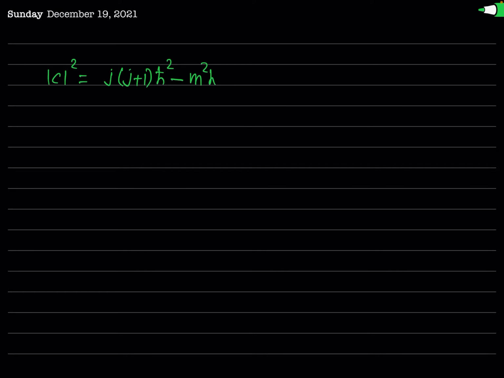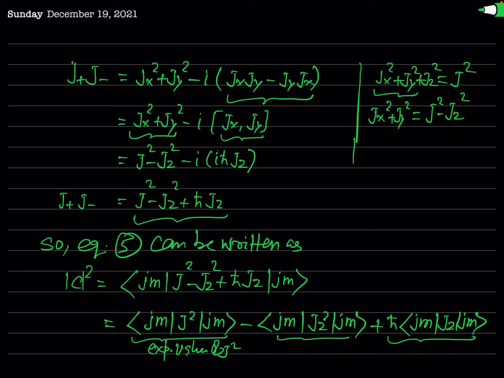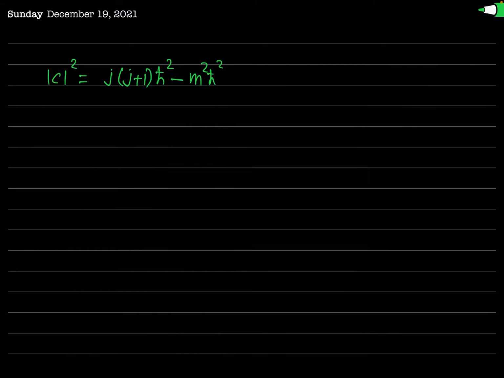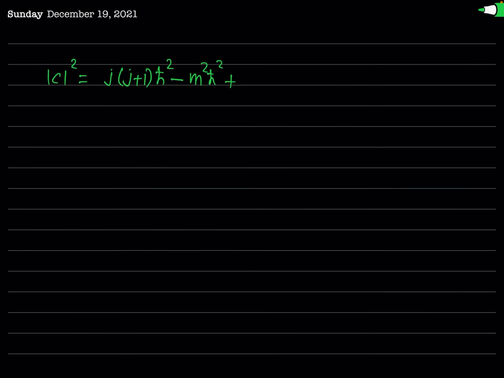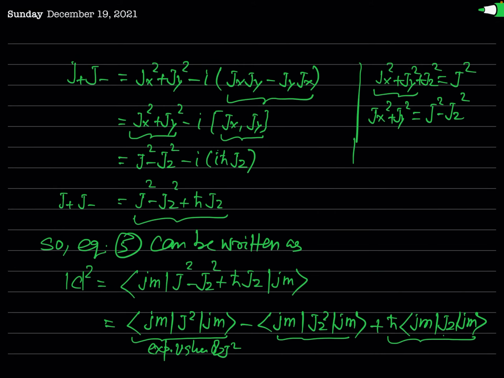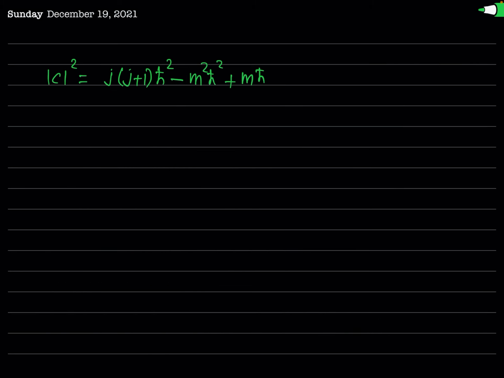And the last term, this will be plus the eigenvalue of jz, which is m h bar, and here h bar is already present, so this will be m h bar square.